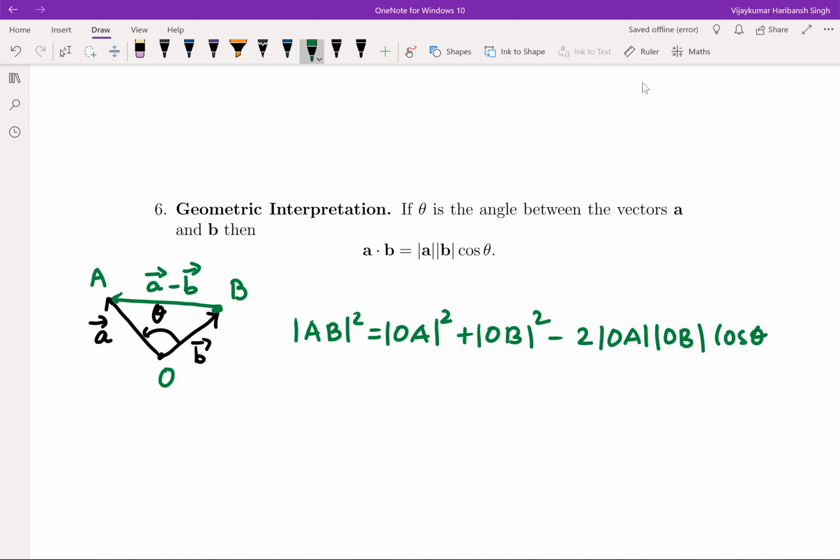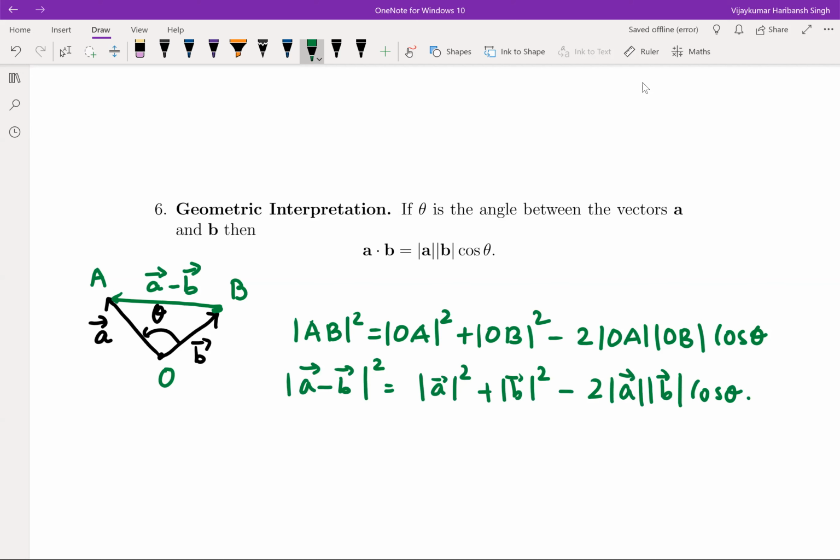So the length of AB, which is vector A minus vector B, squared, is going to be length of vector A square plus length of vector B square minus 2 times length of vector A times length of vector B times cos theta, where theta is the angle between them.